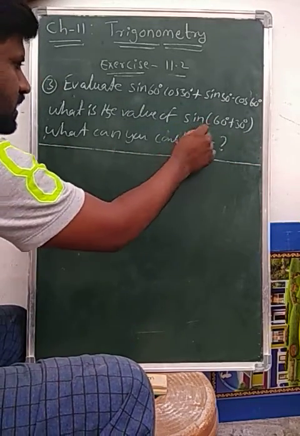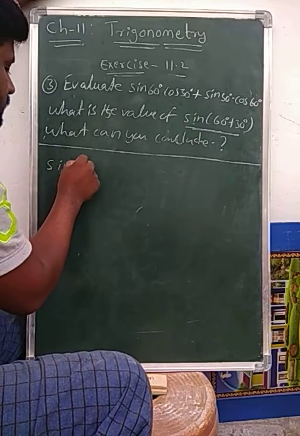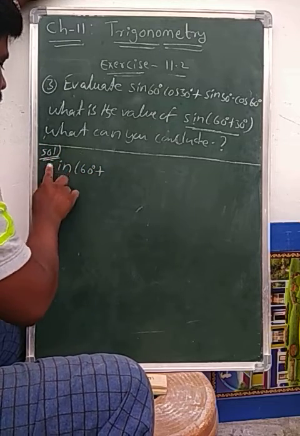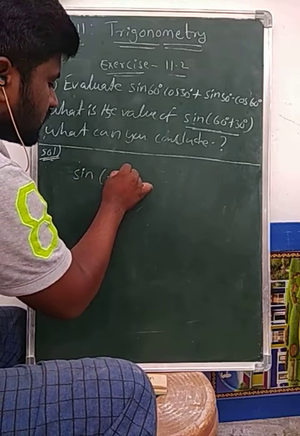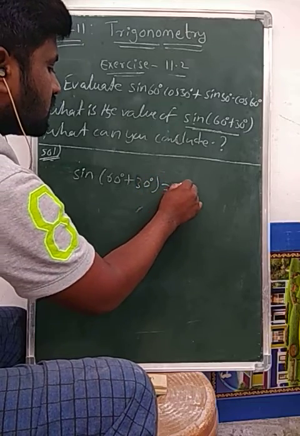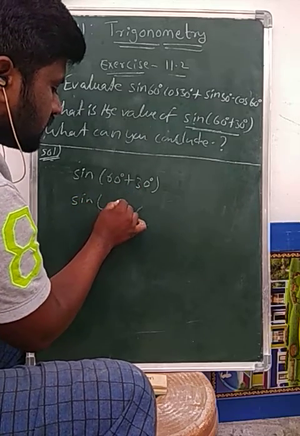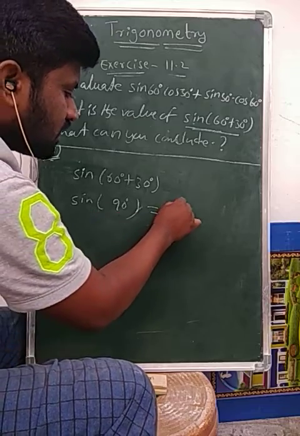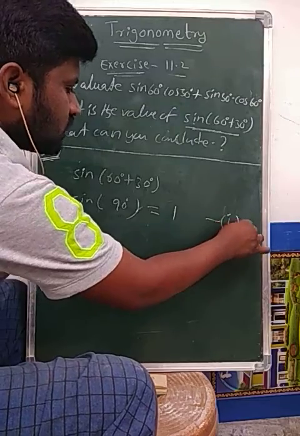First of all, I am taking sine of 60 degrees plus 30 degrees. That is nothing but sine of 60 plus 30, 90 degrees. Sine 90 means the value is what? 1. Okay? So this is equation 1.